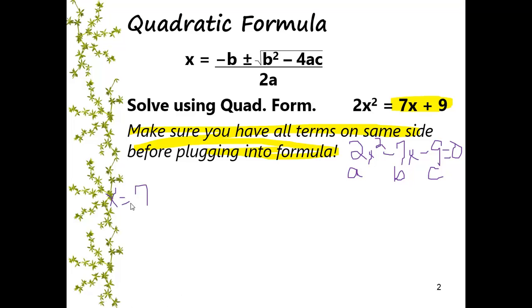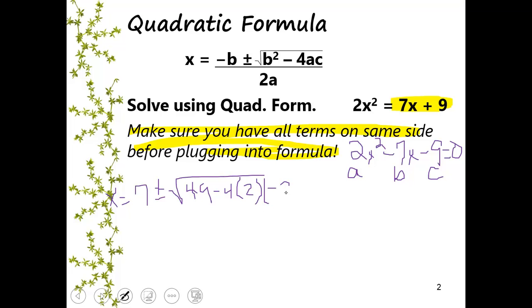x equals 7 plus or minus the square root of 49 minus 4 times 2 times negative 9 all over 4.